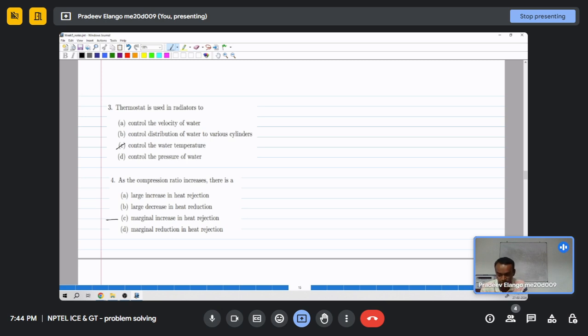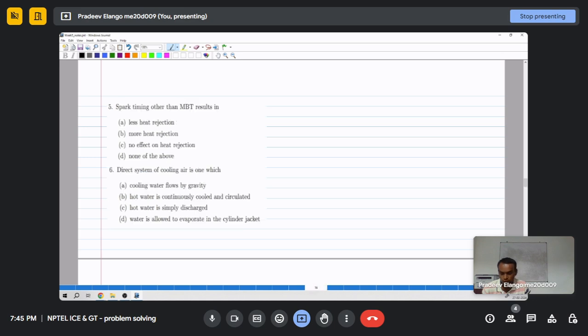Actually, there will be a large increase in heat rejection. Spark timing other than MBT results in less heat rejection, more heat rejection, no effect on heat rejection, none of the above.